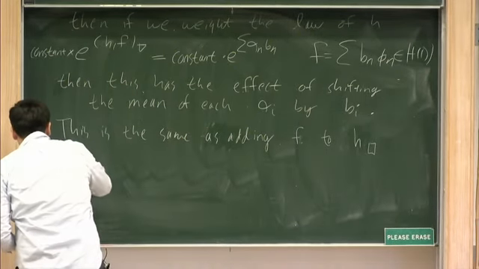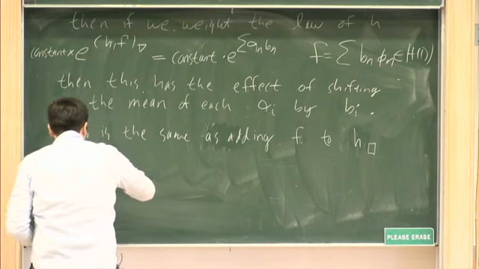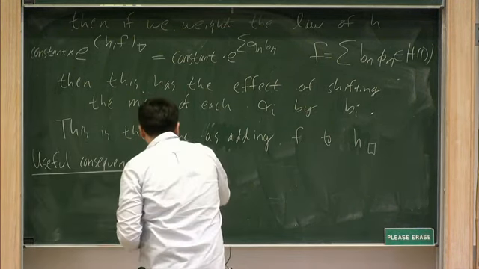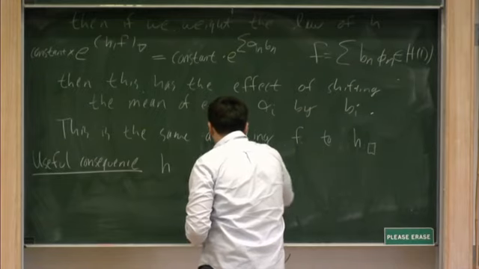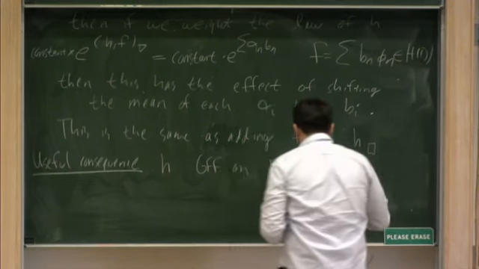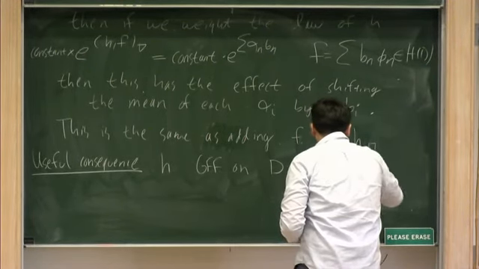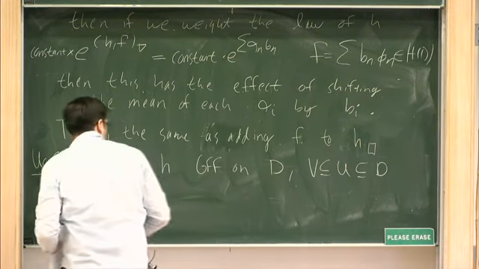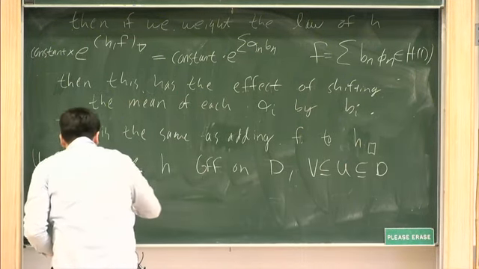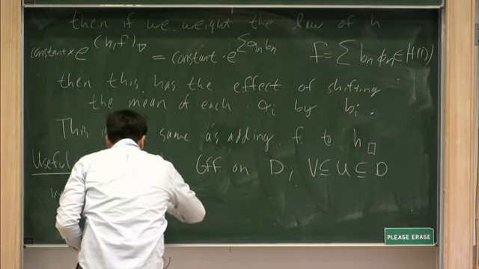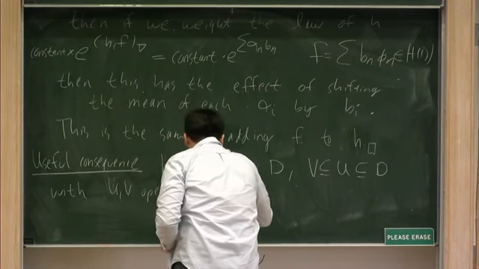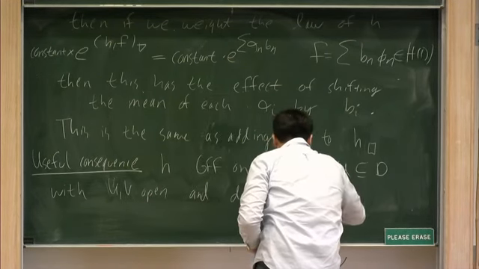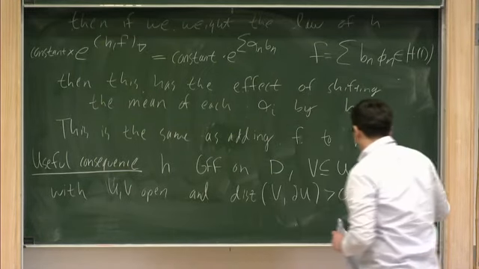Here's one useful consequence. And that's that if h is a Gaussian free field on a domain D, and I have open sets U and V, which are nested in D. So here U and V are open, and I'm also going to assume that the distance between V and the boundary of U is positive. Okay.